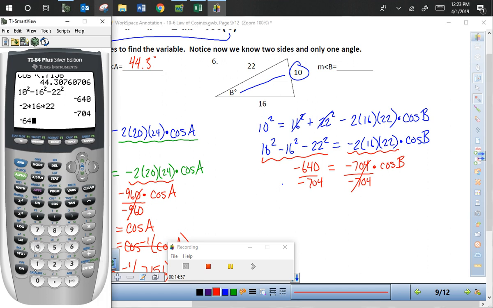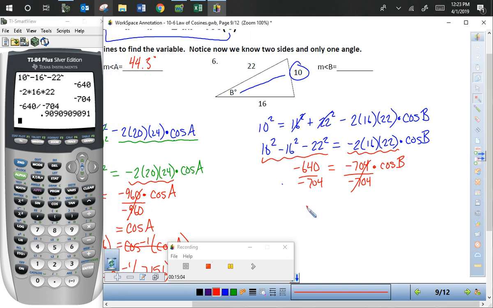So negative 640 divided by negative 704, which gives us 0.9091. And over here we just have cosine. Remember, to get rid of cosine, we use the inverse cosine. And we take the inverse cosine of this 0.9091.